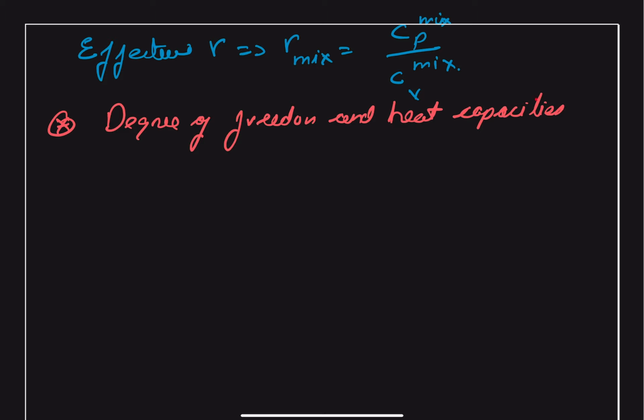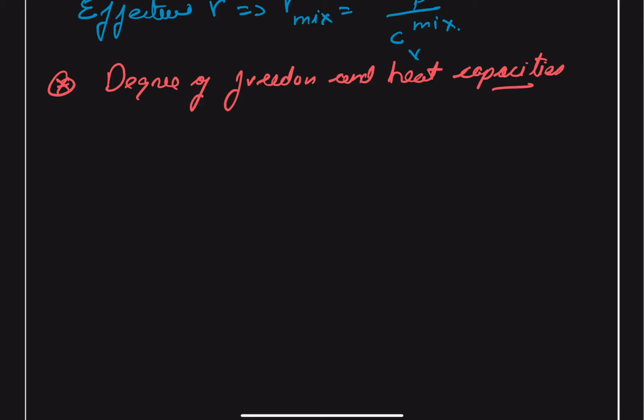First of all, for monoatomic, gamma mono is given as 5/3.